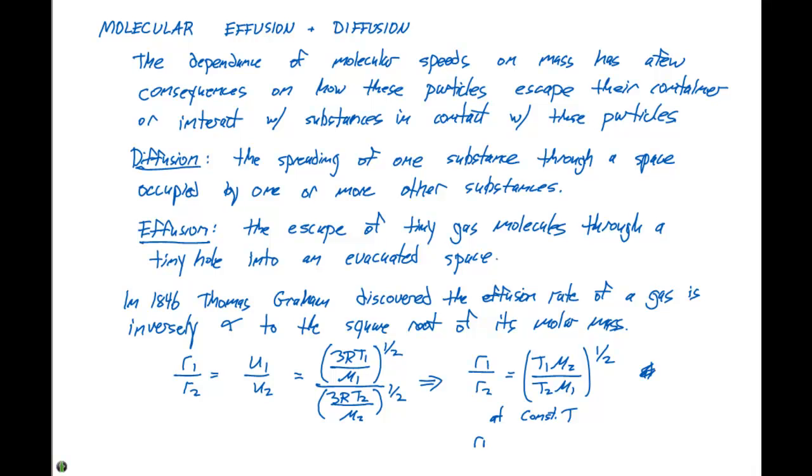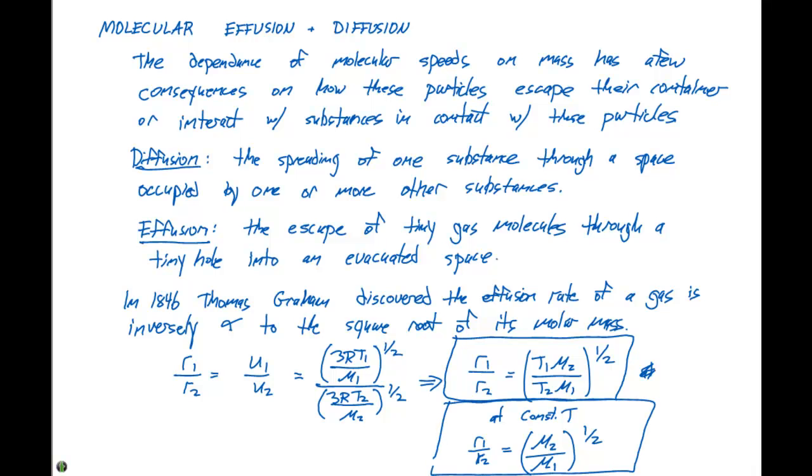So we can say that at constant temperature, R1 over R2 is going to be the molar mass of 2 divided by the molar mass of 1 all to the 1/2 power. So here are our two relationships that we can take away based on the rate of effusion of a gas. And we're going to be able to utilize these formulas in the next example video.